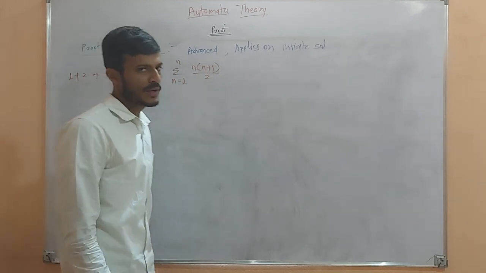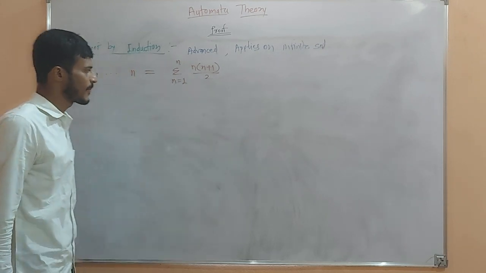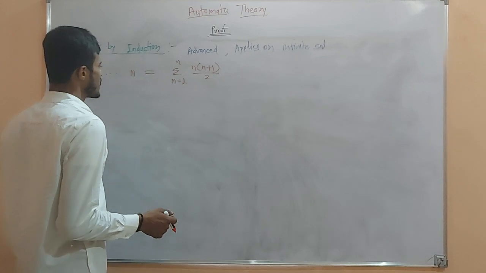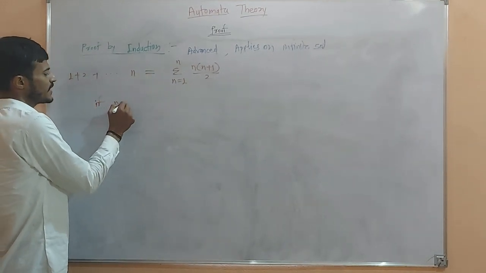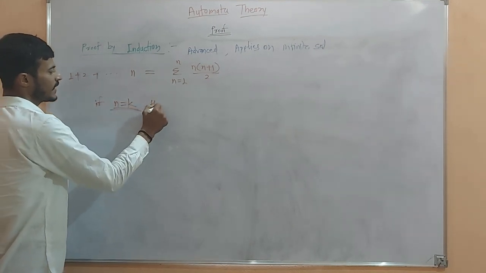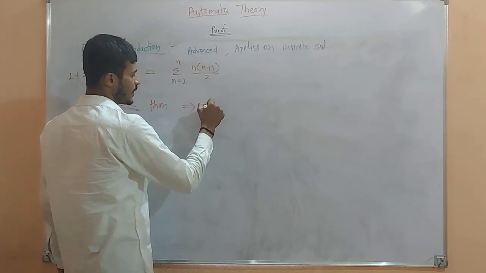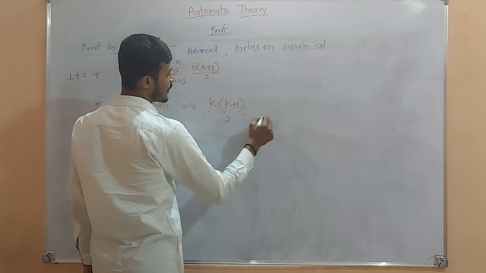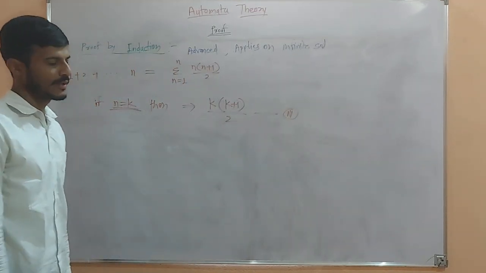We know this formula, and we have also proved it for the previous two cases, that is n equals 1 and n equals 2. So let us see here, if I take n equals k, then it gives me the formula k in bracket k plus 1 divided by 2. So that is equation number 3.